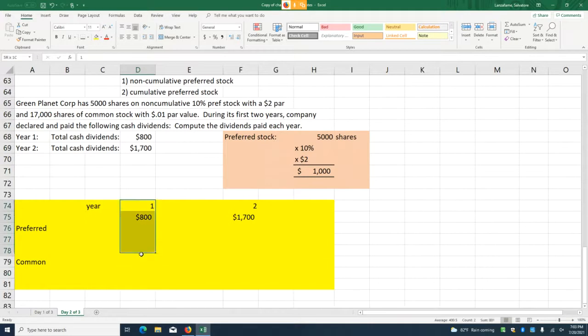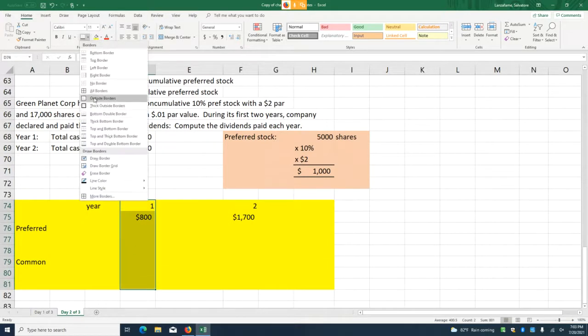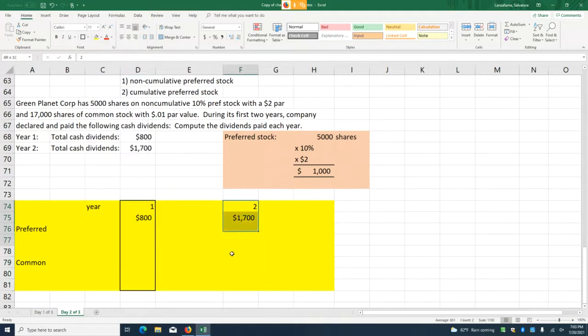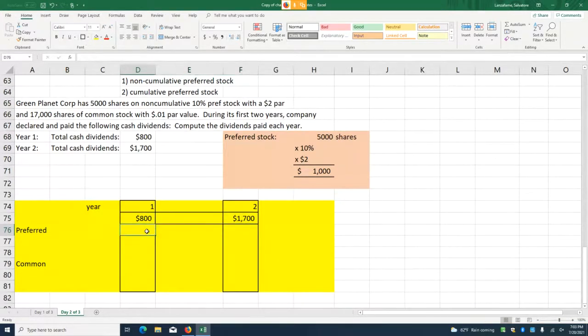Okay, so in year 1, the company only has $800 to give, okay? Of that 800, believe it or not, preferred is going to get all of it, and common gets nothing.